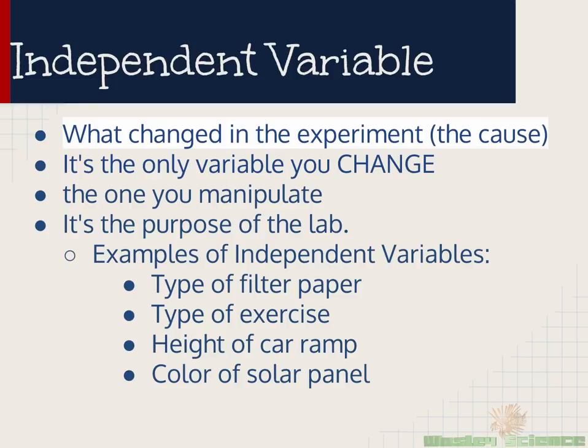Examples are the type of filter paper that you use, the type of exercise, the height of some car ramp, colors of a solar panel. You should notice something here. These are all things that are types and categories, because those are things that you can change and then see what happens to the thing that you're measuring when you change that specific thing. They're things that you can control. So that is the independent variable.